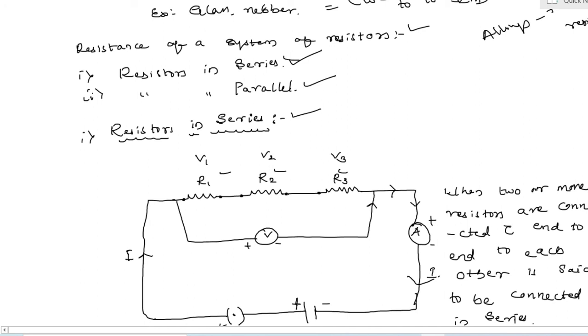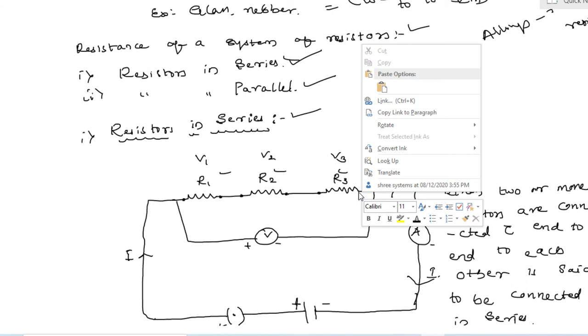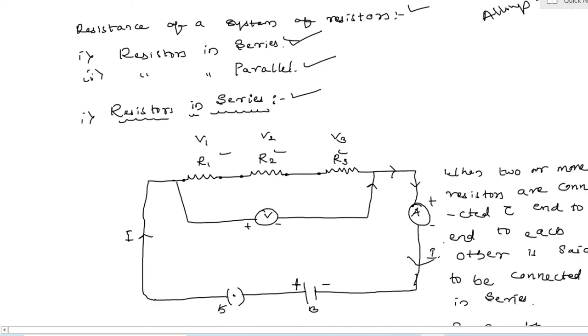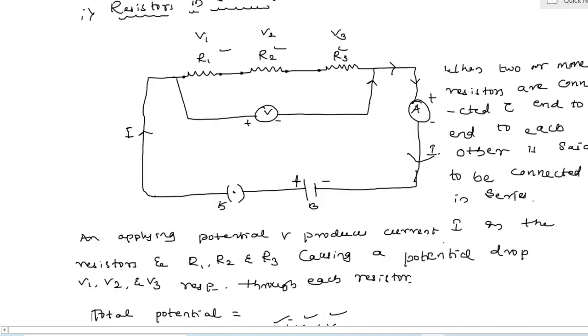Here end to end connected, then they are said to be connected in series. Observe the definition: when two or more resistors are connected end to end with each other, they are said to be connected in series.